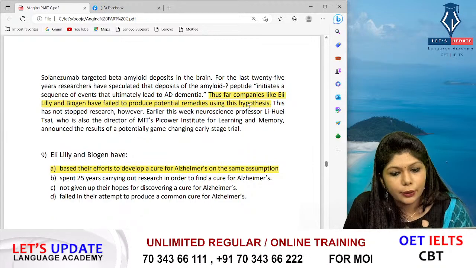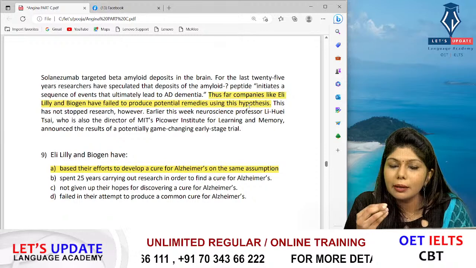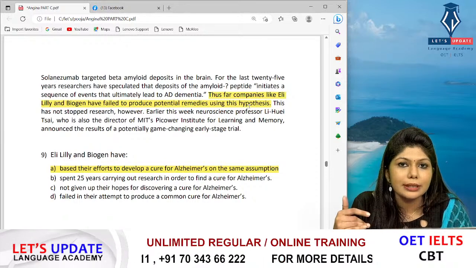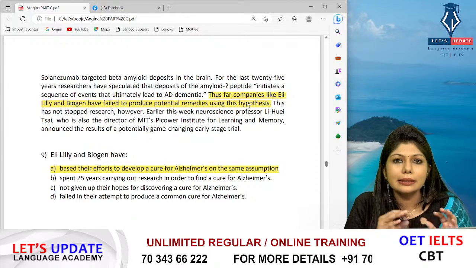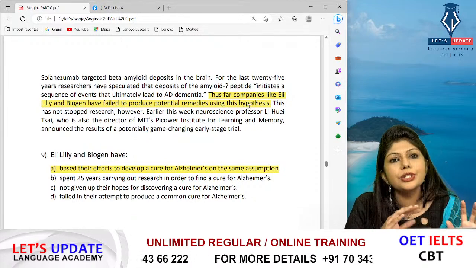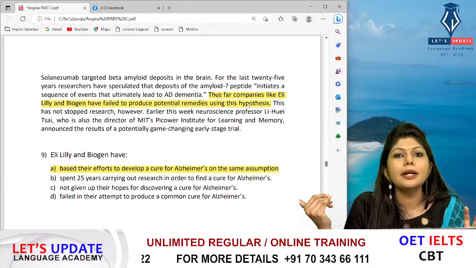They have failed, but research has not been stopped. It's not about them that they have not stopped the research. It is said in general that this failure has not stopped the research. That means other people have still continued research.